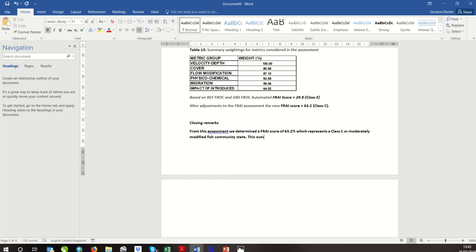This outcome is based on the adjusted FRAI score that differs notably, considerably.